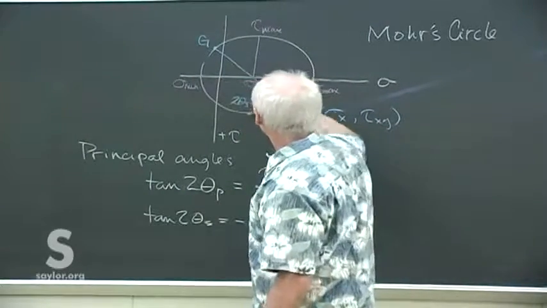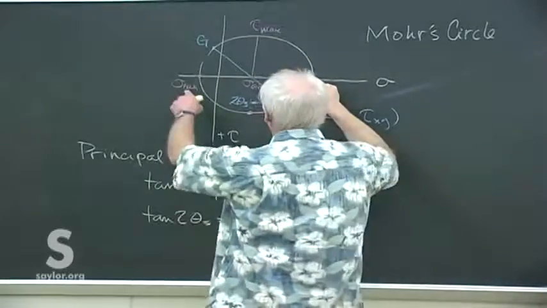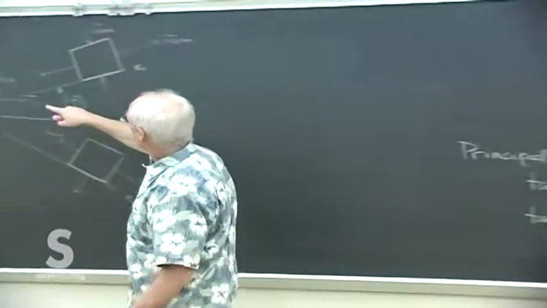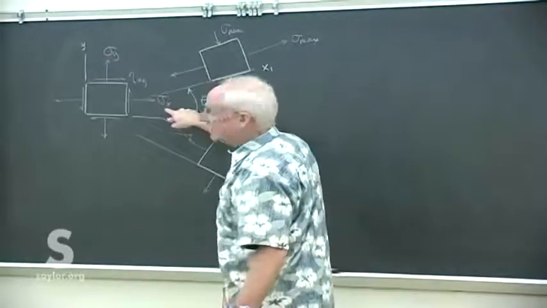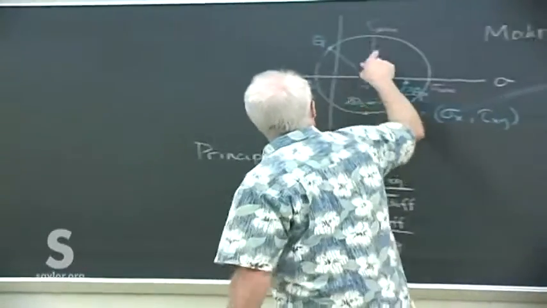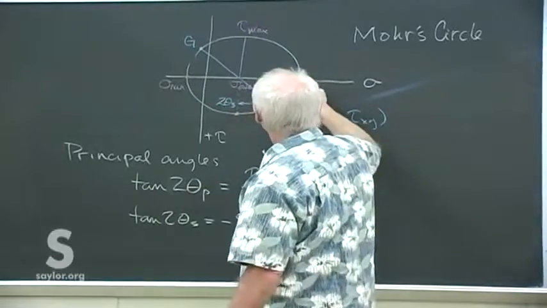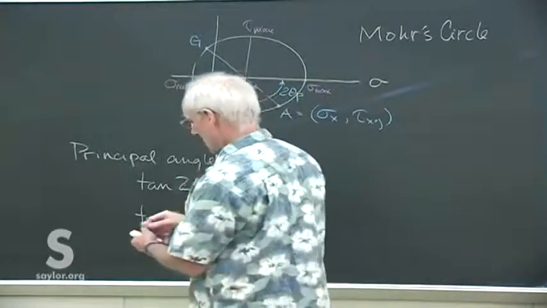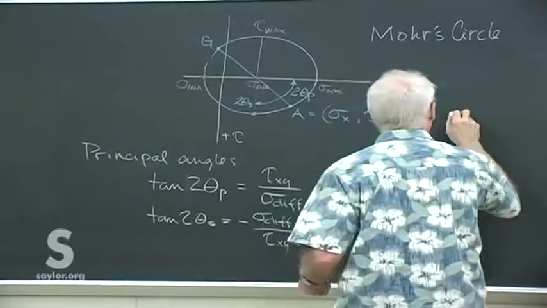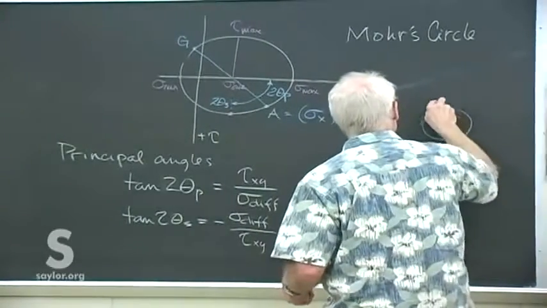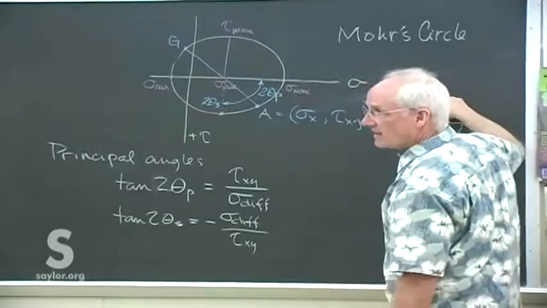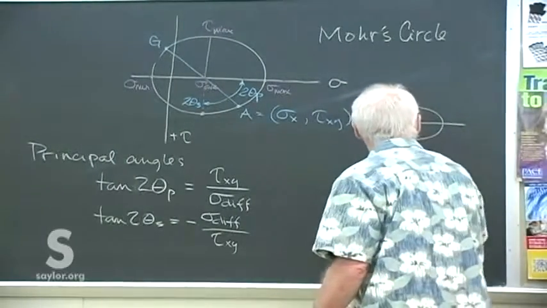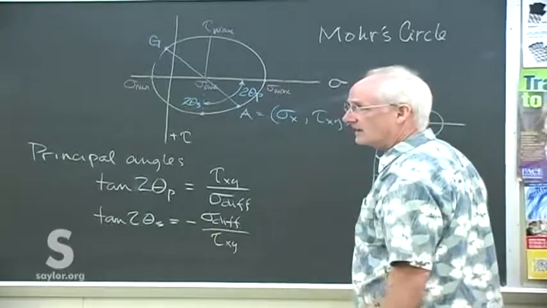Okay. Because remember, once you've drawn this circle and all these points are set by whatever the original stresses are, once you've got all the originals, we'll go through a couple problems too. This axis could fall anywhere. Any of these are possibilities. The shear stress axis could fall there. It could fall over here.